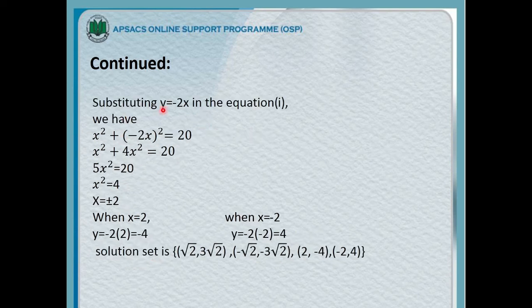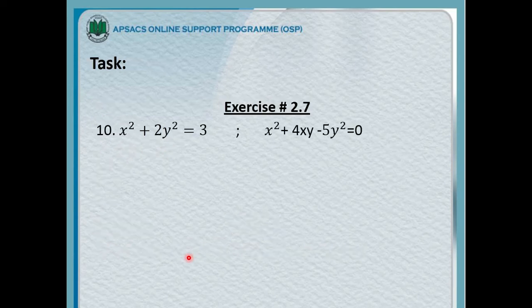Now by substituting the value of y, that is minus 2x, in equation number 1, we get two more values of y. So we have four ordered pairs which make the solution set of the given simultaneous equations. Now students, we have to do question number 10 of exercise 2.7.